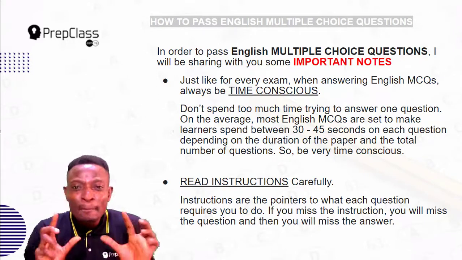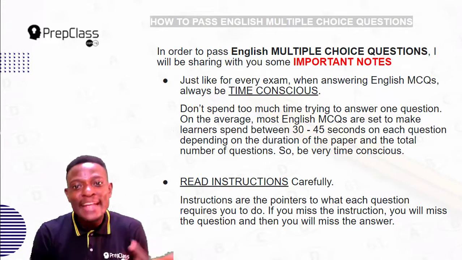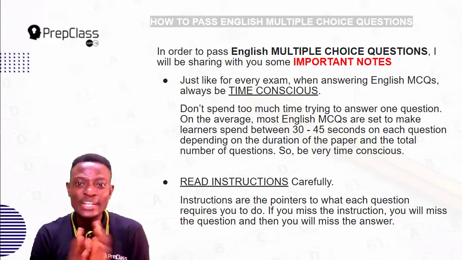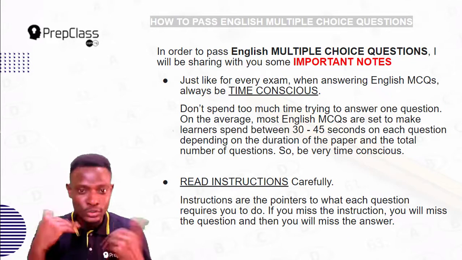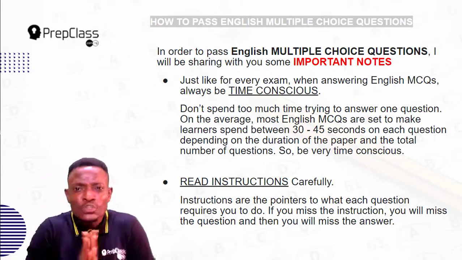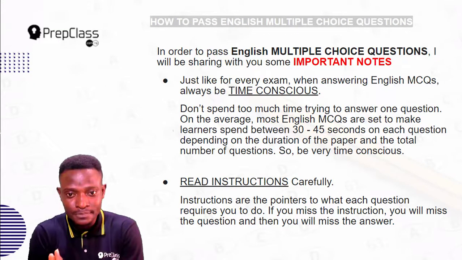On the average, most English MCQs are set to make learners spend between 30 to 45 seconds on each question, depending on the duration of the paper and the total number of questions. So, be very time conscious. Don't spend too much time trying to answer one question. You have other questions to attend to.